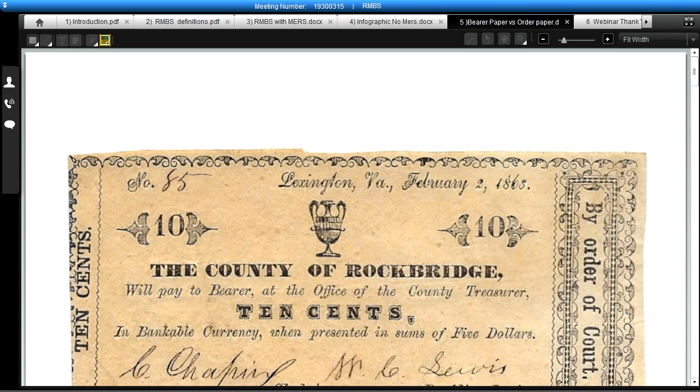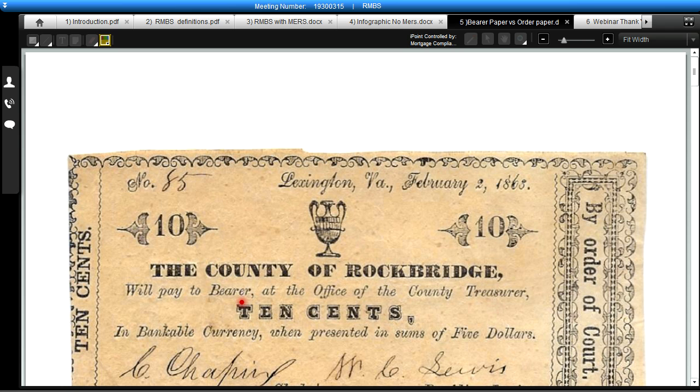So I've looked up and provided a few examples of true bearer paper. Bearer paper says, will pay to bearer. Again, the word is spelled out, will pay to bearer.